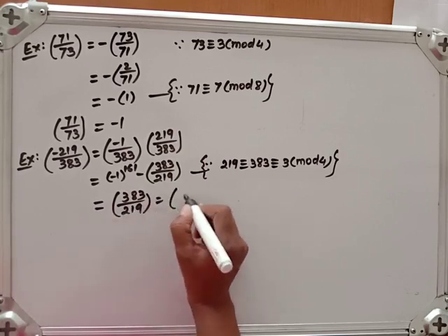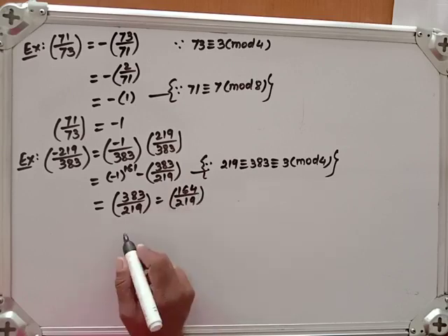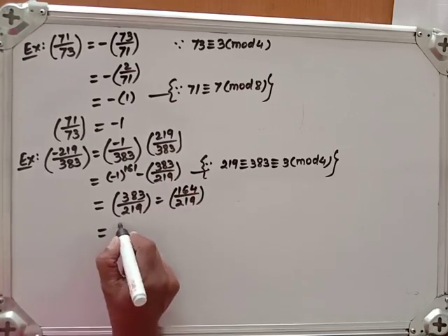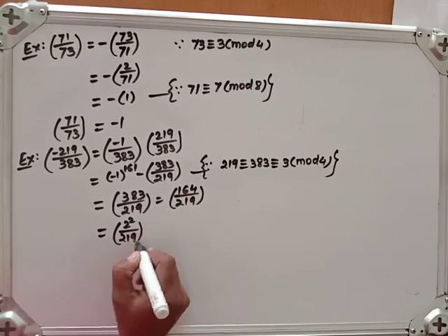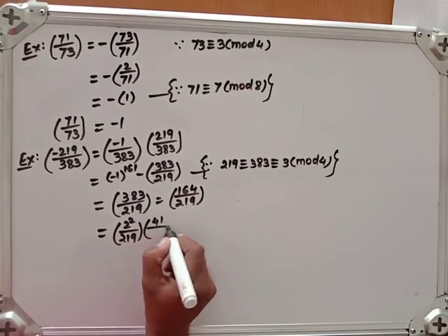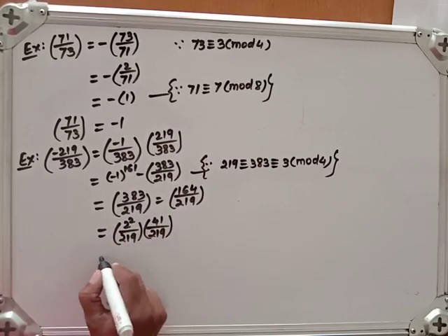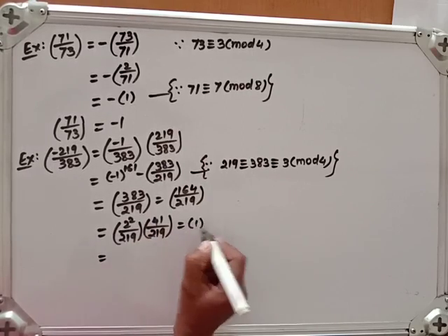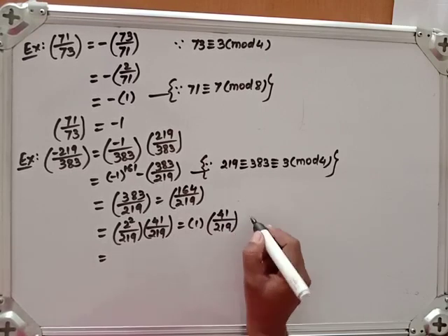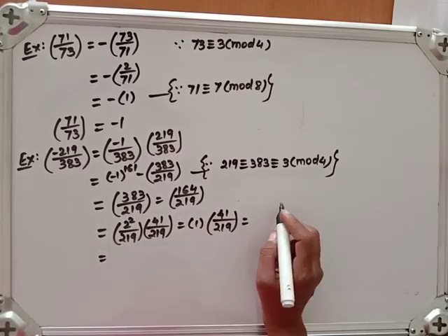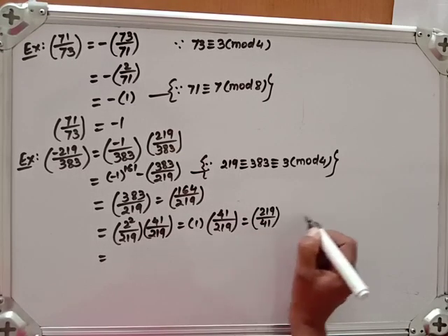That is equal to the Legendre symbol of 164 upon 219, which is equivalent to the Legendre symbol of 2 square by 219 times the Legendre symbol of 41 upon 219. This part will become 1. So the Legendre symbol of 41 upon 219 is equivalent to the Legendre symbol of 219 upon 41.